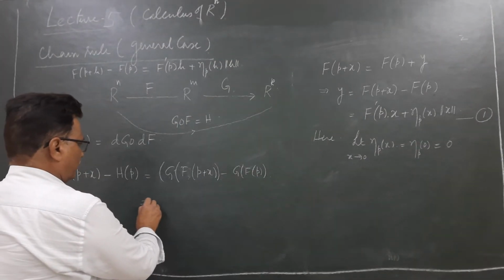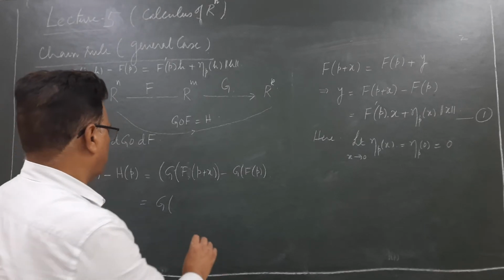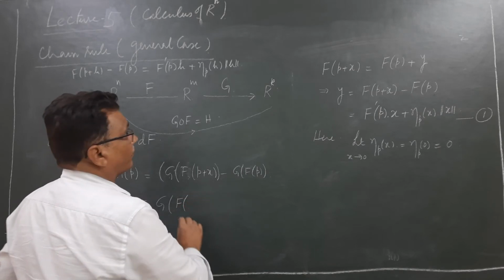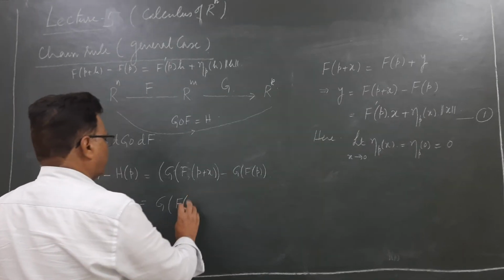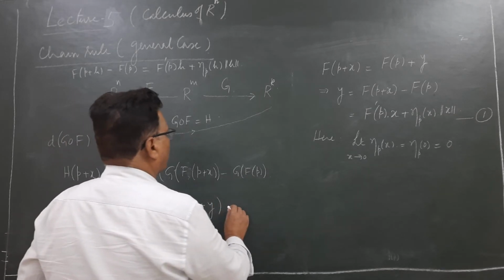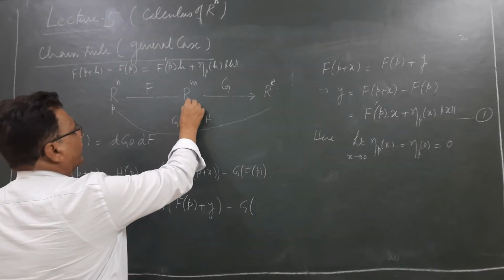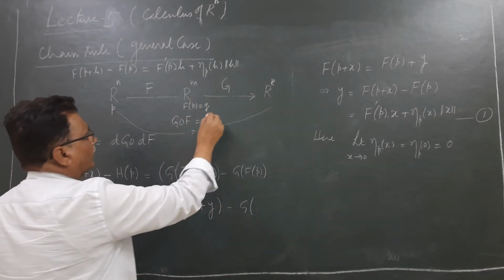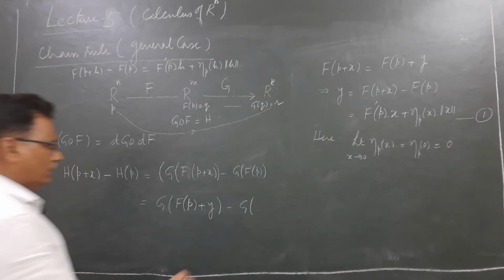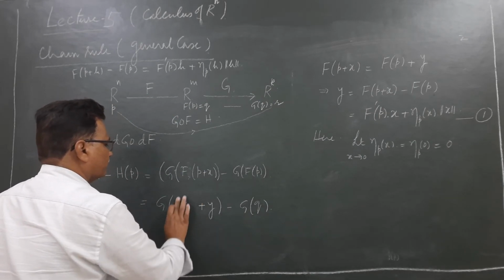So this is equal to g of f of p plus x, which I will call f of p plus y, minus g of f of p. Let us do this for our convenience: call p, call f of p as q, and g of q as r.